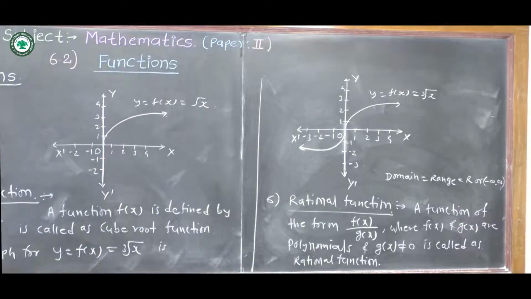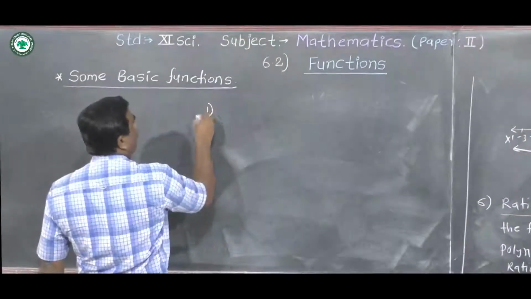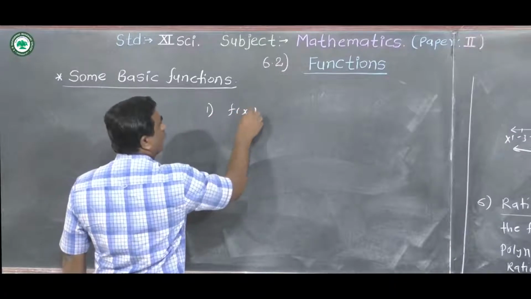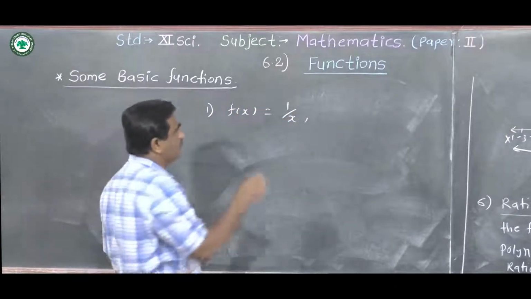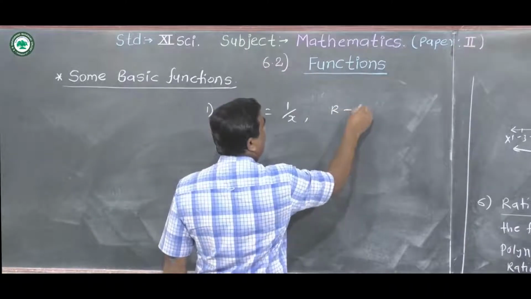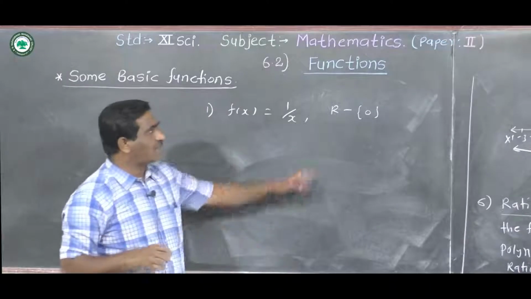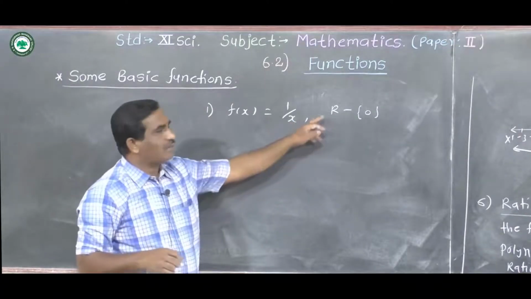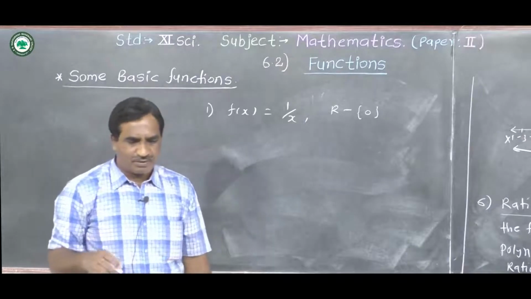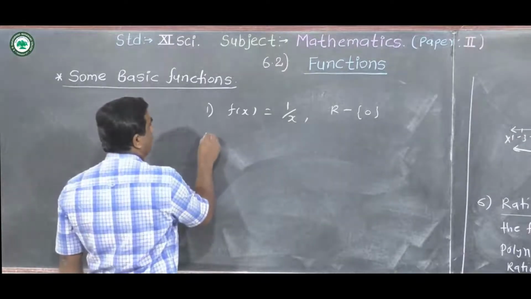We can say examples for rational function. First example, f of x is equal to 1 upon x for the interval R minus 0. R means the set of real numbers except 0, values of x are in the set of real numbers. This is a rational function, f of x equal to 1 upon x.